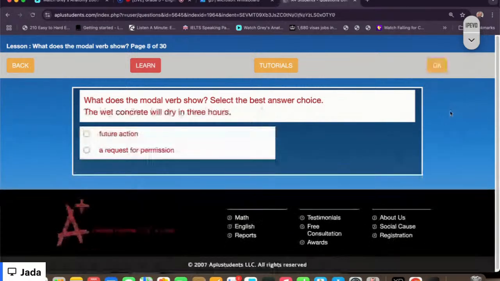The wet concrete will dry in 3 hours. Future action or request for permission?